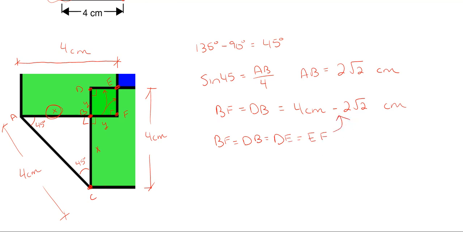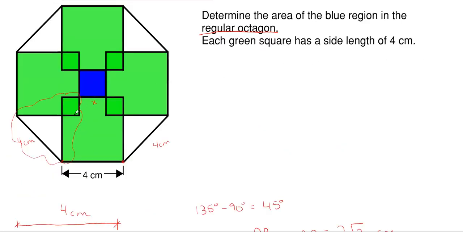Okay. So if we scroll back up, what that means is that we have found all these dimensions leading in here. Now, we have this dimension right here for this line at the top of the square. We know that the overall top of the square is going to be 4 centimeters.